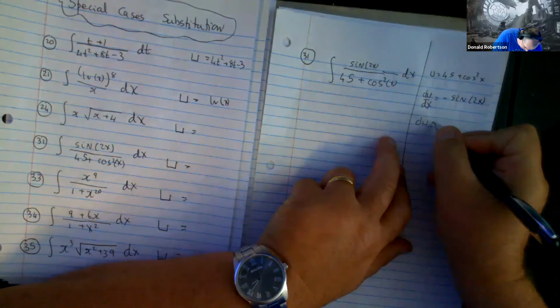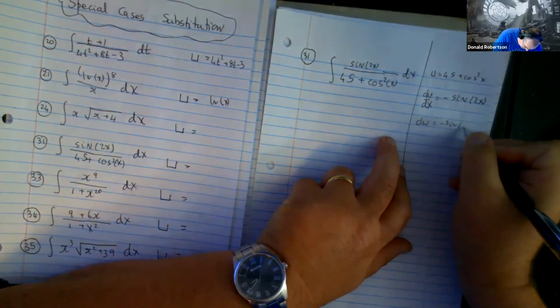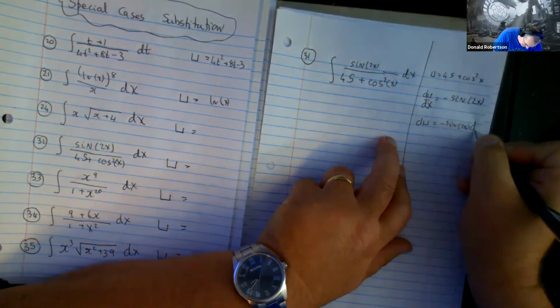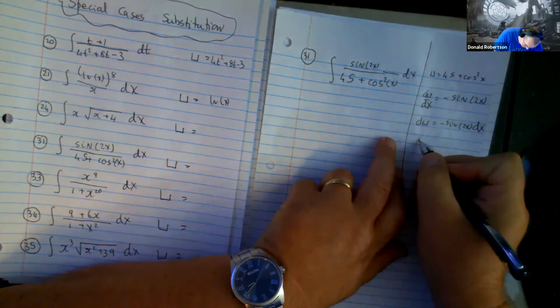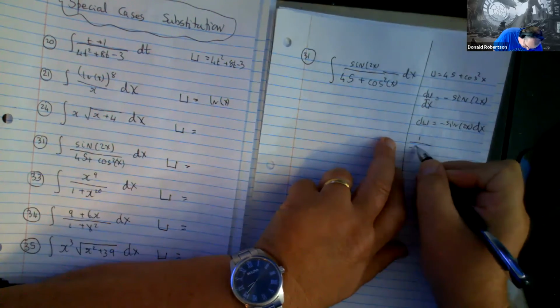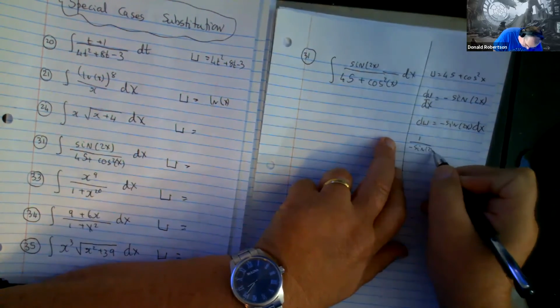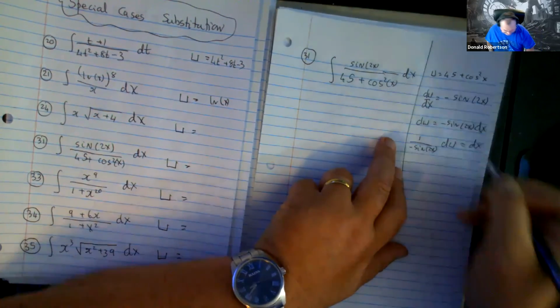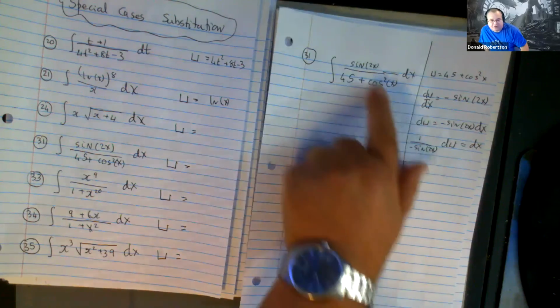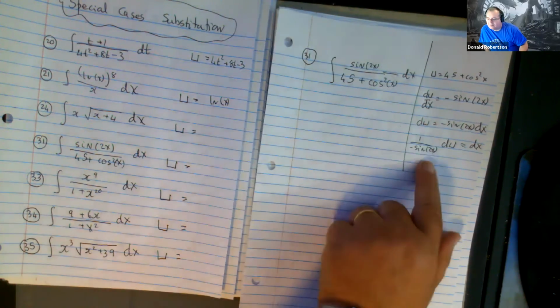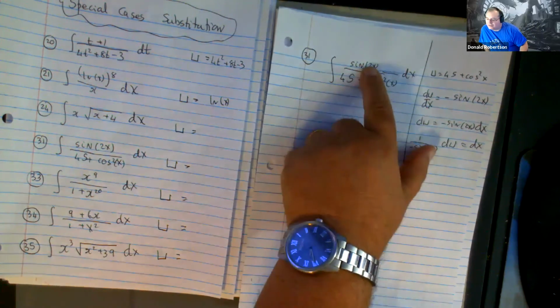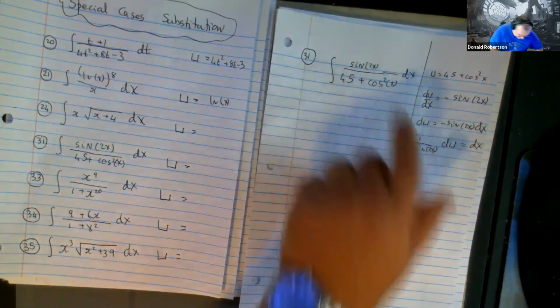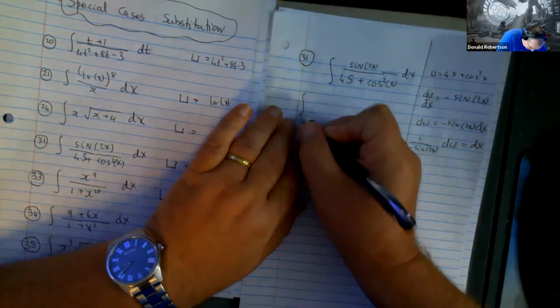If you do the crossover, and then finally you isolate. Isn't that going to play well with this one? Can you see the sine 2x's are going to kill each other off in a few minutes? So here goes.